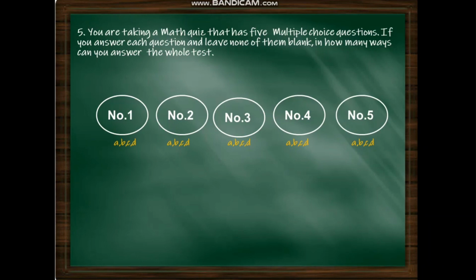So, since meron kang 5 number na pagpipilian, wala kang ibang gawin kundi just to multiply the number of the possible options that we have doon sa given test question sa multiple choice quiz. So, that is equivalent to 4 times 4 times 4 times 4 times 4. And your final answer is 1,024 possible ways na makapili ka ng tamang possible answer. Alright?